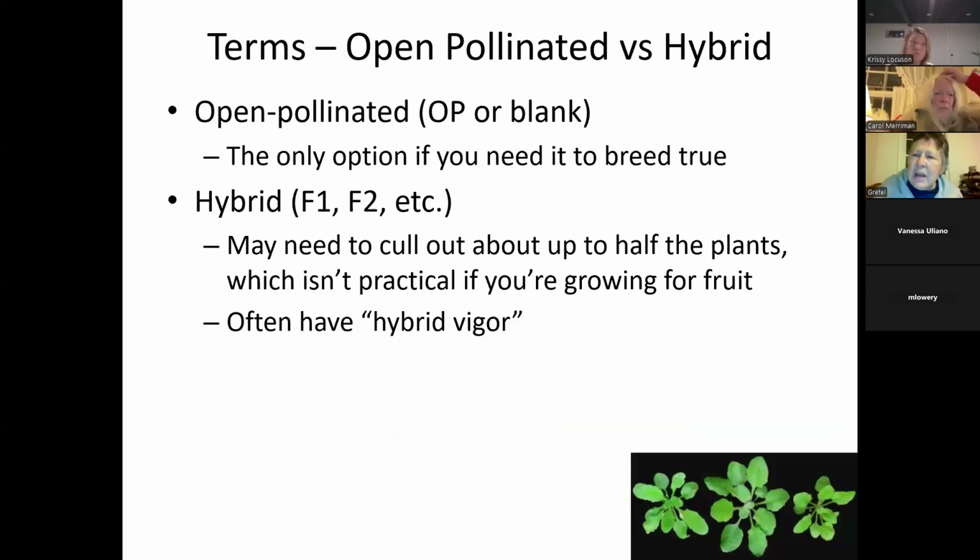A lot of the time in seed catalogs, they don't actually label something that is open pollinated. They may say OP, or they may just leave it blank. Hybrids are all labeled. They'll say F1 or F2 or hybrid or something like that. So you can tell that they are hybrids.